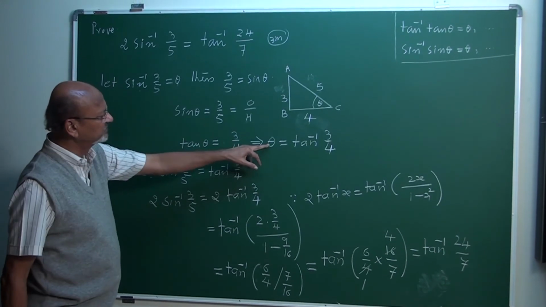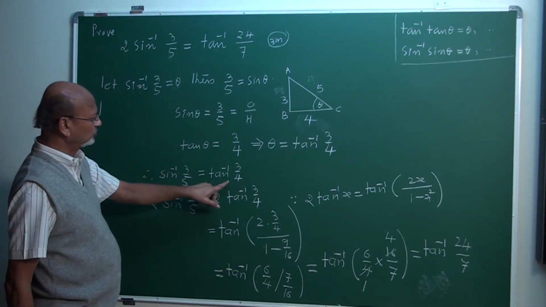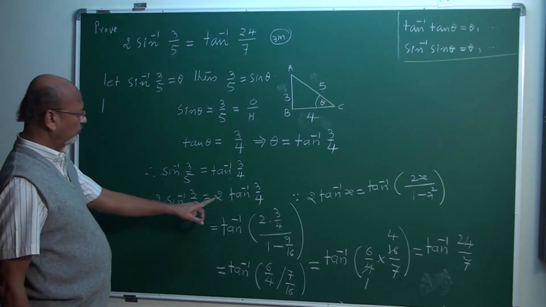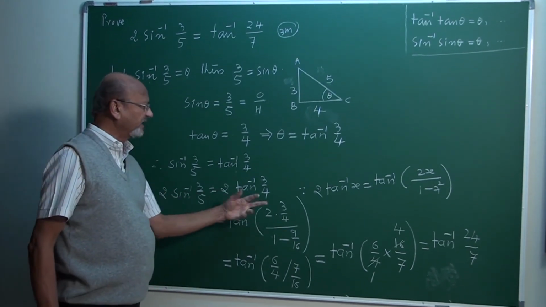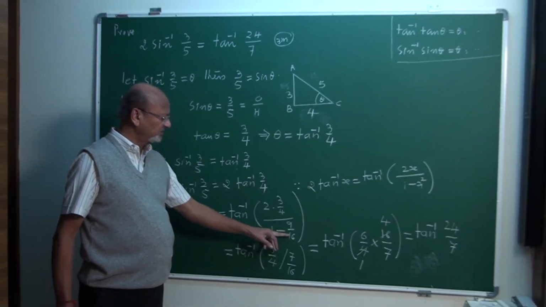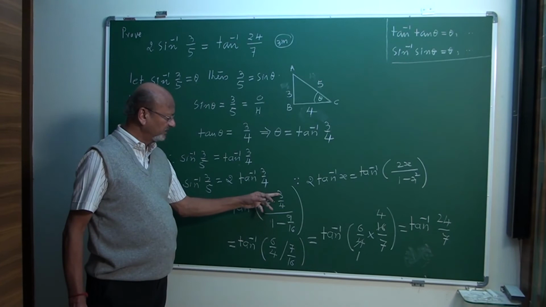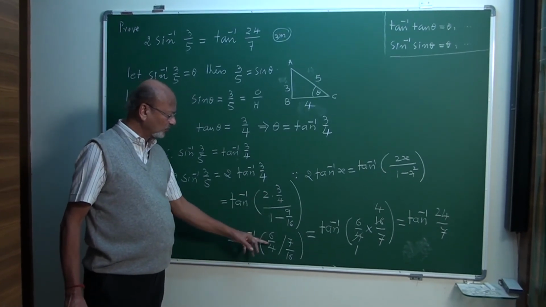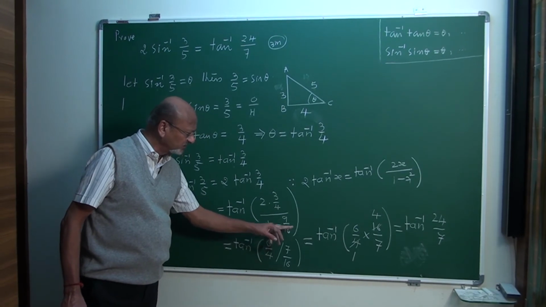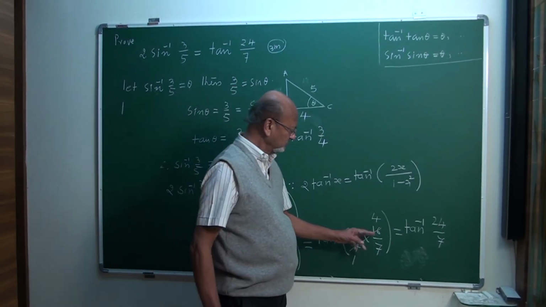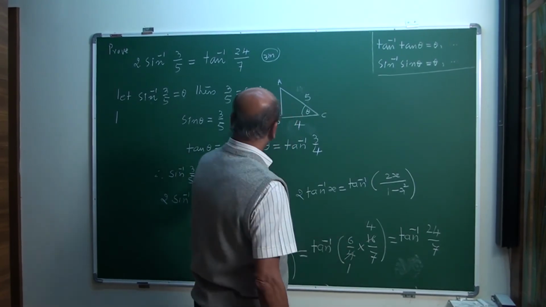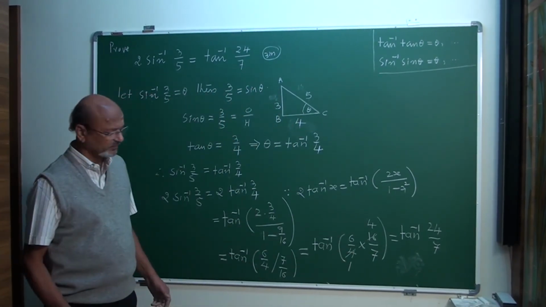As theta is the same, sin inverse equals tan inverse. You wanted 2, so multiply both sides by 2. Use the formula 2 tan inverse x equals tan inverse of 2x upon 1 minus x square. Simplify: 6 by 4, 16 minus 9, 7 by 16, reciprocal, cancellation. 24 upon 7 is your answer, my friends.